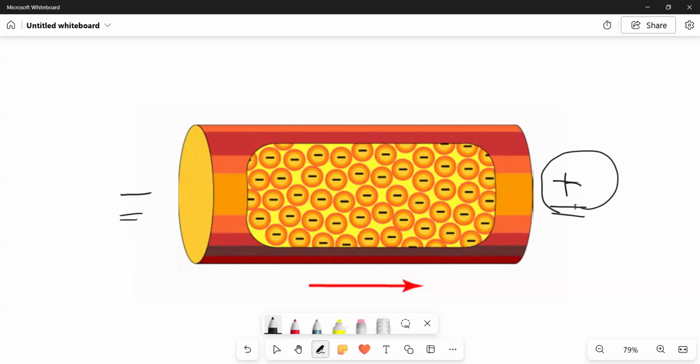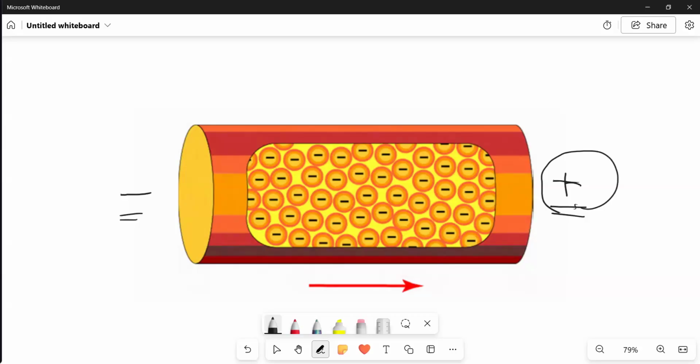The difference with insulators, right? And I probably want to, just give me a second. I want to bring a diagram of what goes on in an insulator.